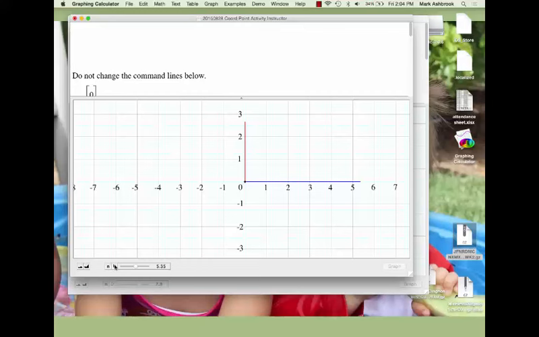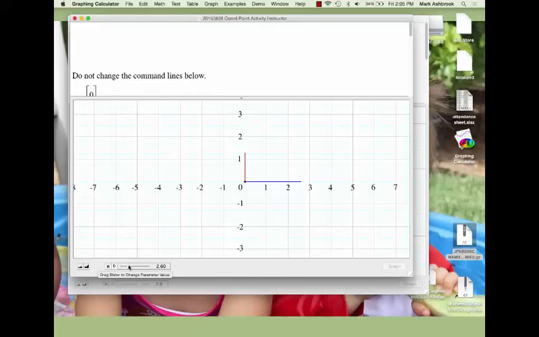So we want a command line that represents all ordered pairs from here to here. And what value is this right here? That's 5.35. And if I change n? Now it's 2.6, and what happened? Right, now it's showing 2.6.